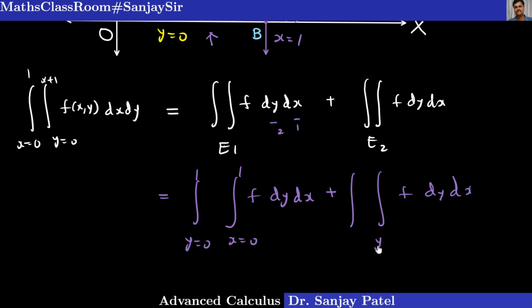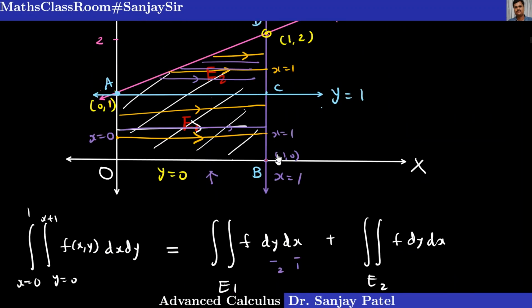We are integrating with respect to x first, so first we have to write the limits of x as a function of y, and then the constant limits of y. So how to find the limits of x? For that we take a strip here, shown here, and see what the end curves of this strip are.